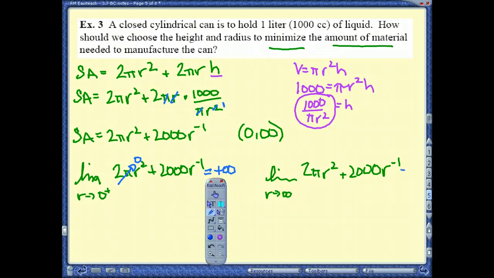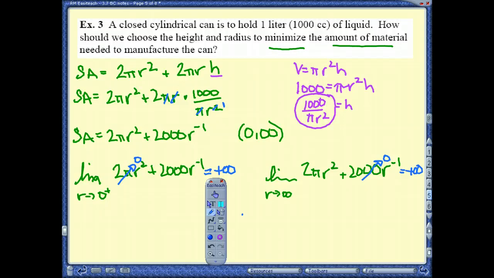Okay, this little guy over here, when we're looking at infinity, this guy now is going to 0. Because as your denominator gets really big, your fraction gets really small, goes to 0. Fractions, as your denominator gets small, fraction gets bigger. Okay, so when I put positive infinity in here, sure enough, I'm going to positive infinity.